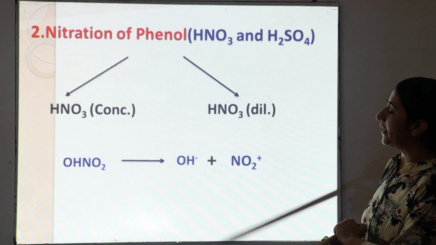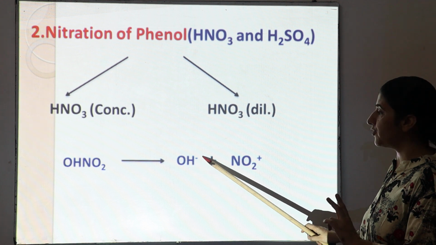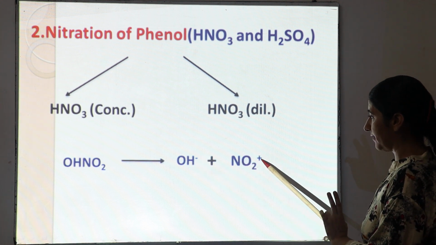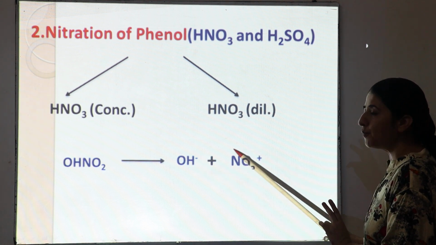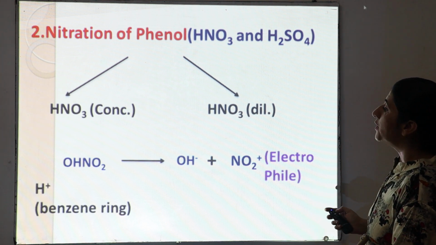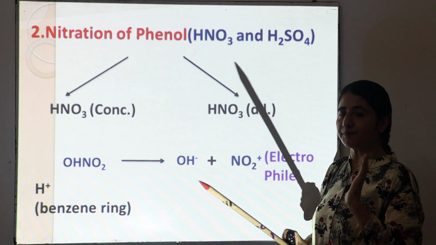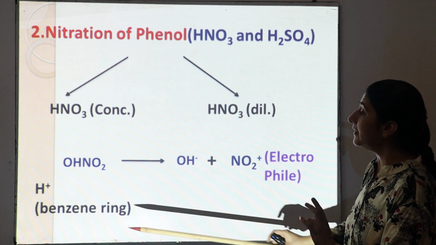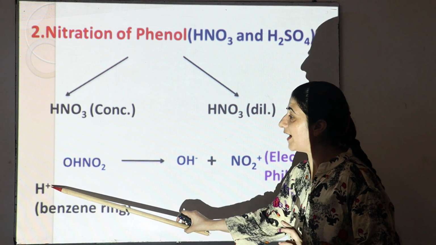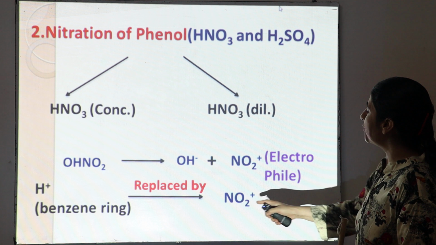In this case, we have nitric acid which ionizes to produce OH negative and NO2 positive. So NO2 positive acts as the electrophile. So nitration of phenol is an electrophilic substitution reaction. It means the H positive of the benzene ring is replaced by NO2 positive.